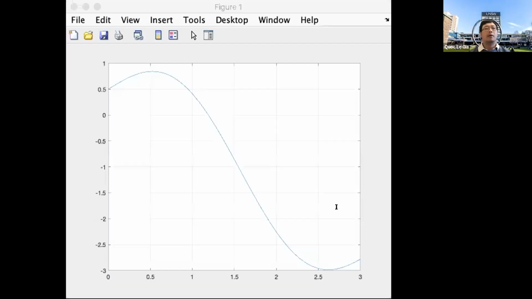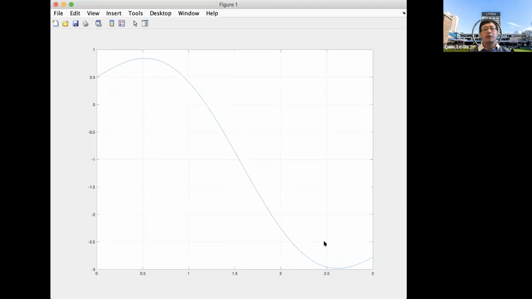Now if you look at the plot of the function, let me make the plot a bit bigger. You see that the zero is right here, about 1.1.